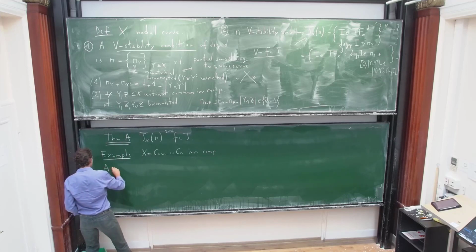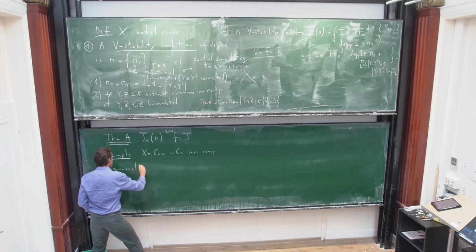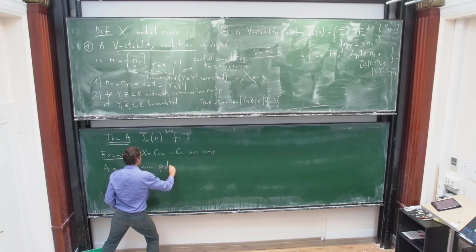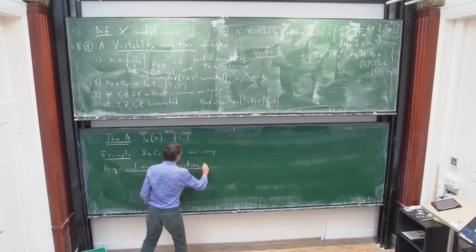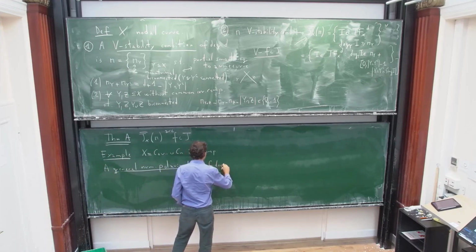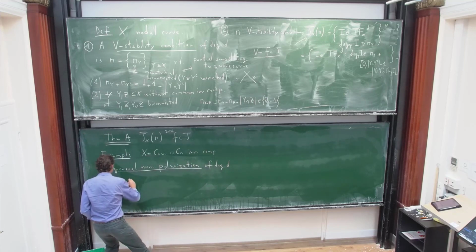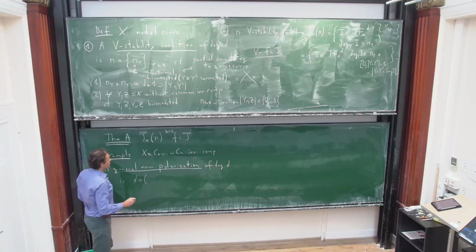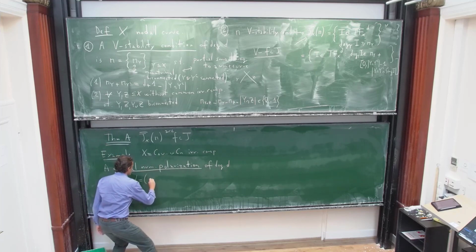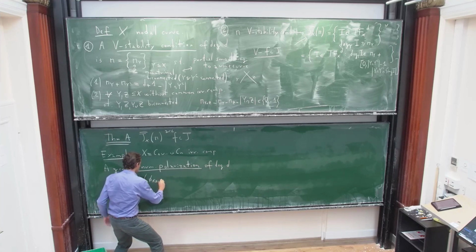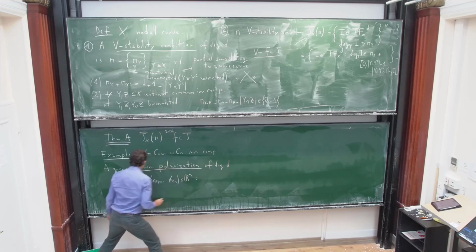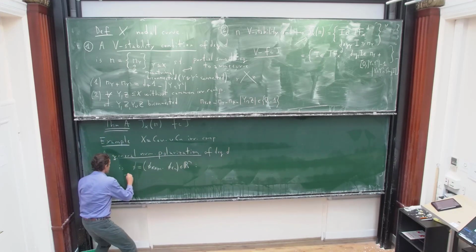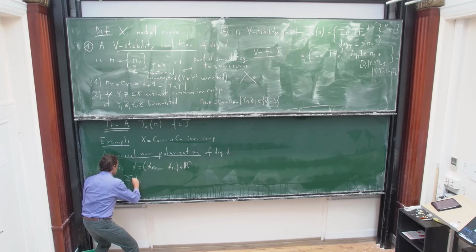Then a general numerical polarization of degree d is the following: a collection of real numbers, one for each irreducible component, maybe I call them e(C1) up to e(Cn), such that their sum is equal to d.